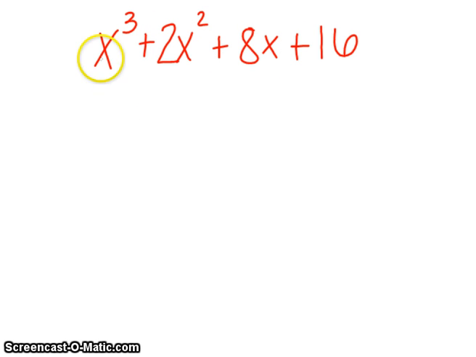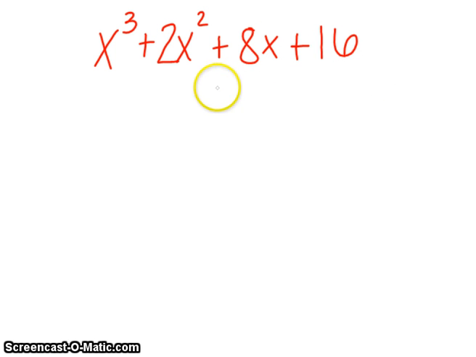So when we look at this problem, we want to divide this set of terms into two groups of 2 terms. So we look for the terms that have something in common. So the x cubed and the 2x squared have an x squared monomial term in common, and the 8x and the 16 have an 8 in common.